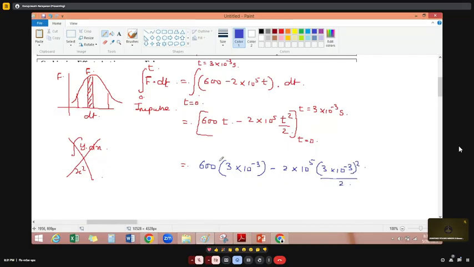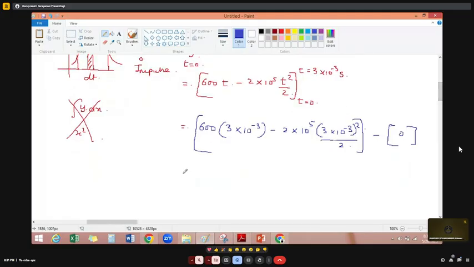So that's your upper limit. Minus lower limit, I already told you it is 0, because when you substitute 0 here, everything will become 0. So simplify this, you will get the answer.